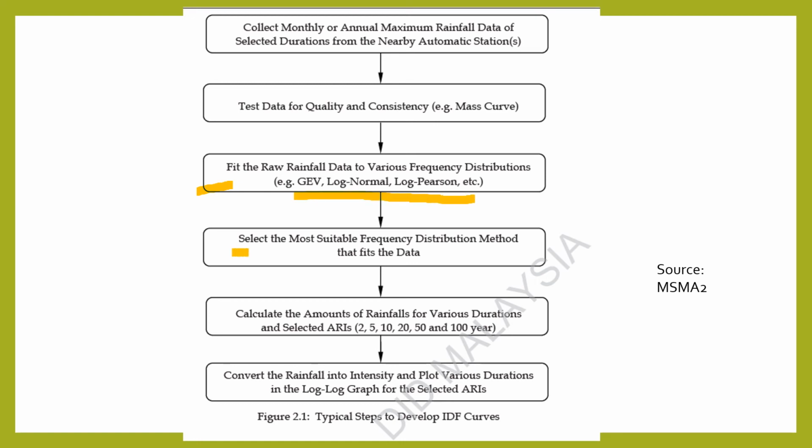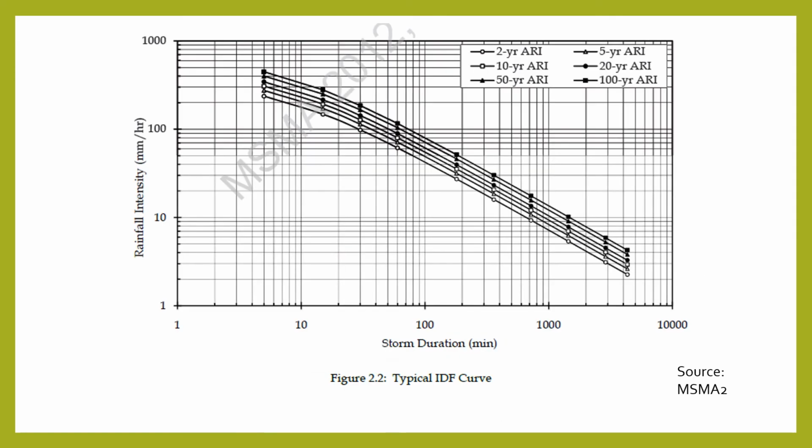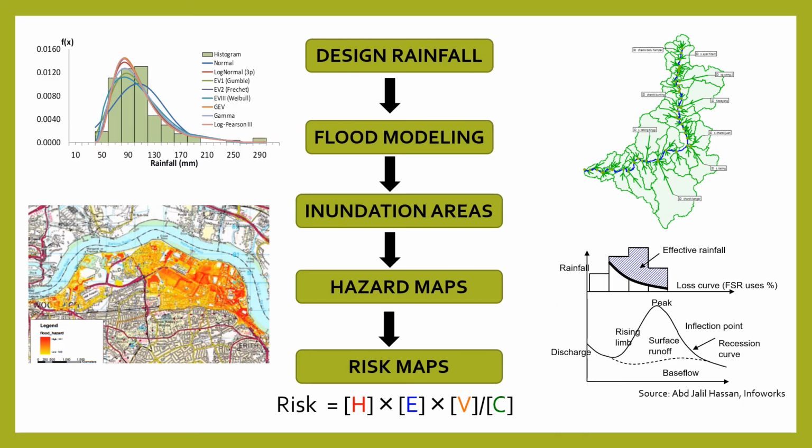Then select the most suitable model. Then we can calculate the amounts of rainfall for various durations and select various return periods, and then you can get the IDF curve. Again, from the IDF curve we get the design rainfall, and then you can proceed until you get the hazard map and risk map.